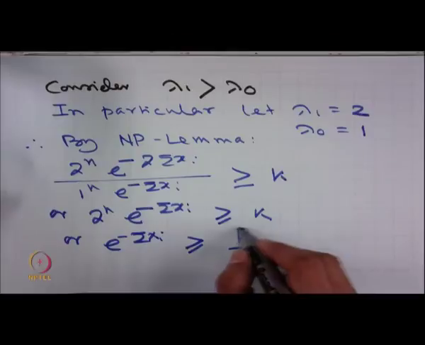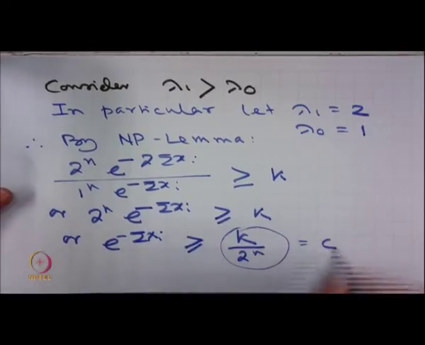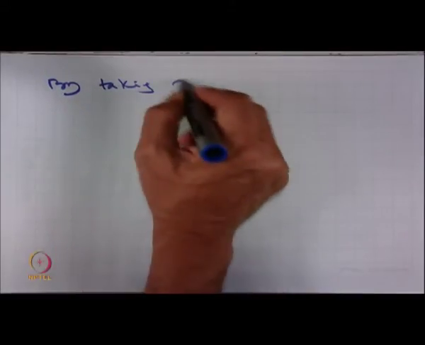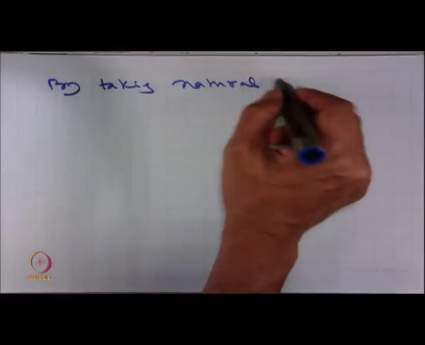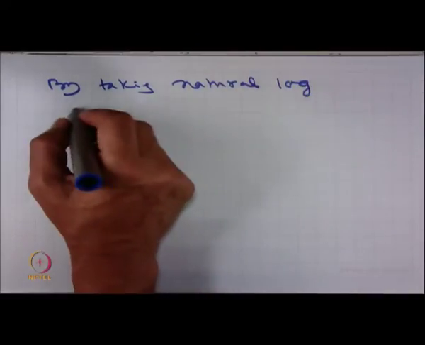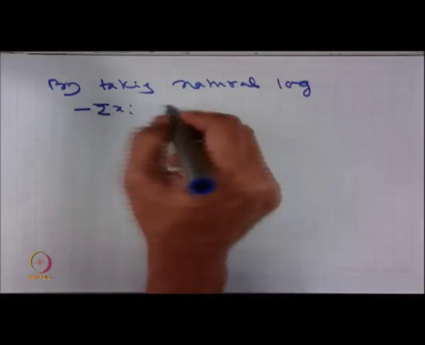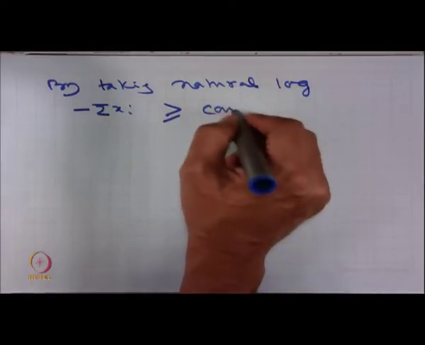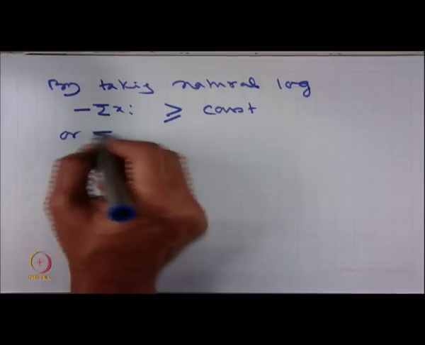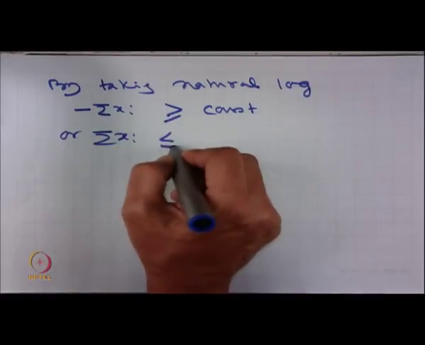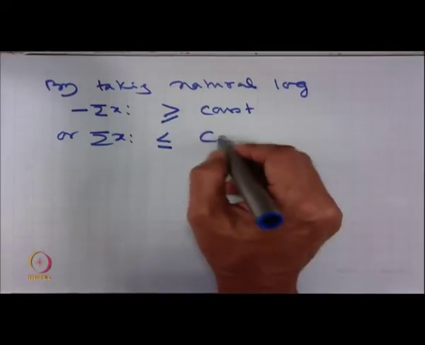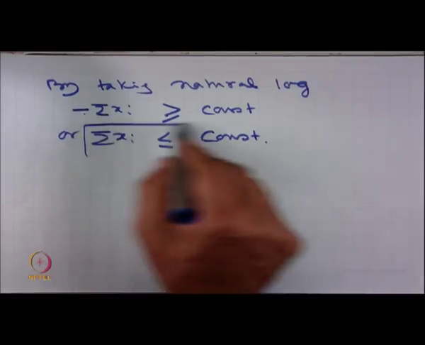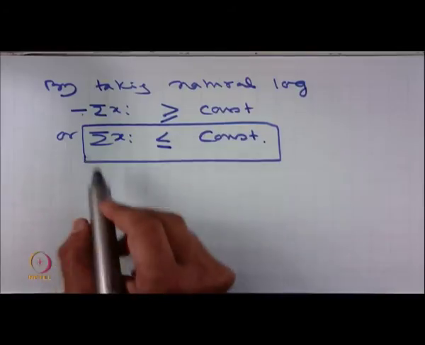Let us call it a constant equal to c. By taking natural log, minus sigma xi is greater than or equal to some constant, or sigma xi is less than or equal to some constant. Because this is negative, there is a change in the inequality.